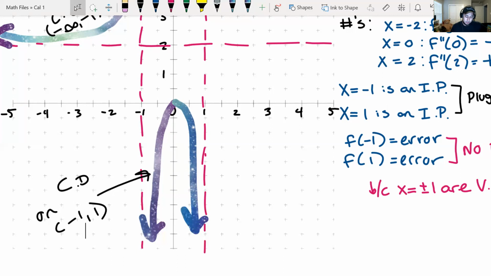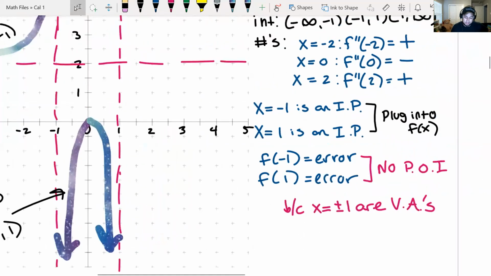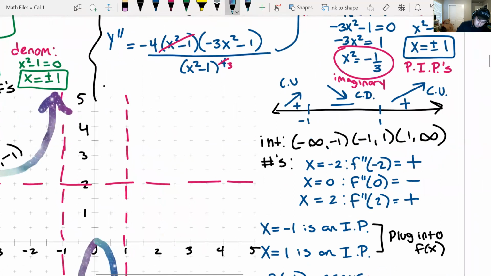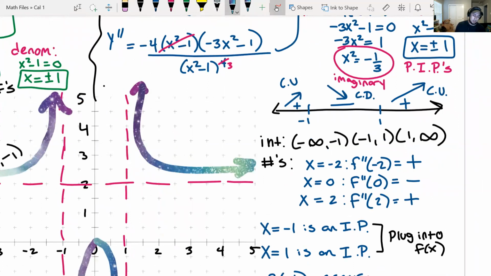And then from the rest of the concavity sign chart, from 1 to infinity, we are concave up. And again, this is concave up on 1 to infinity.